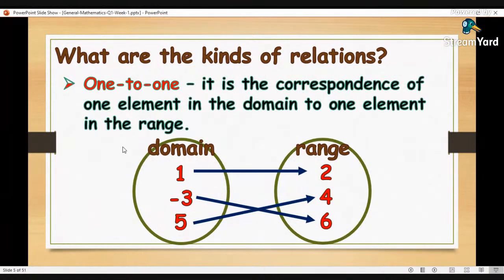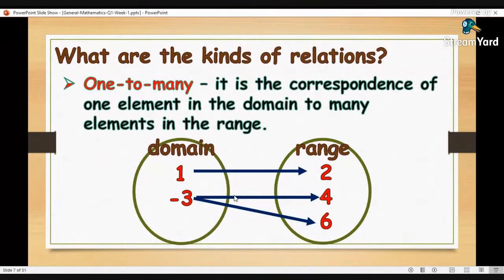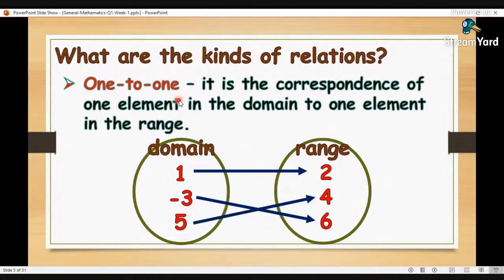So, which kinds of relations are not considered functions? For one-to-one, let's go back to the definition. Hambal niya, it is a special type of relation where each element in the domain is paired to the range only once. If we have a one-to-one relationship, where one domain value is paired to one range value, it can be considered a function.